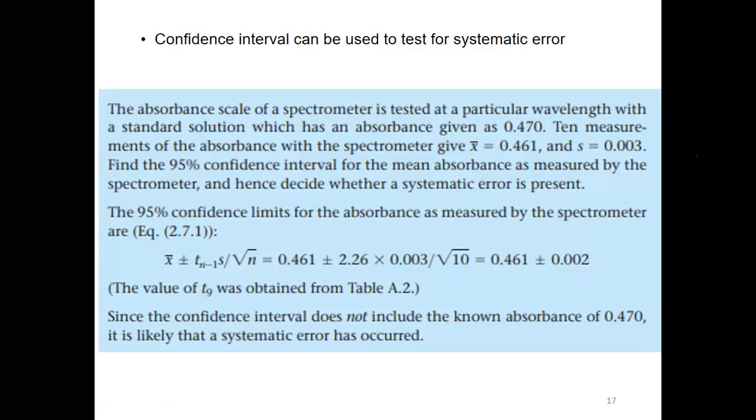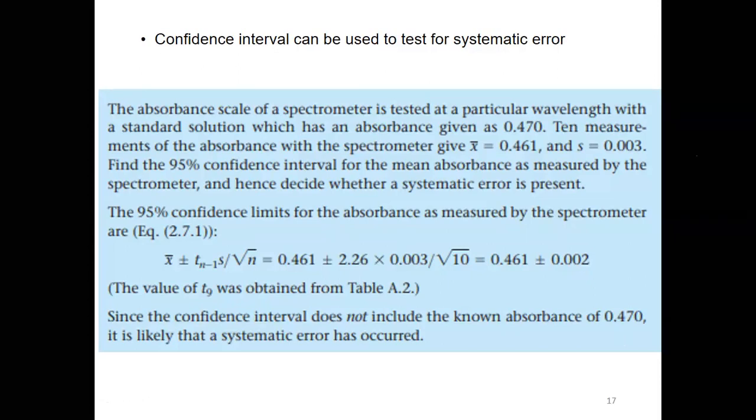Right? That means, what is the confidence limit? The upper limit is 0.461 plus 0.002, which means 0.463. Right? 0.463 is the upper limit. The standard solution value is 0.47.